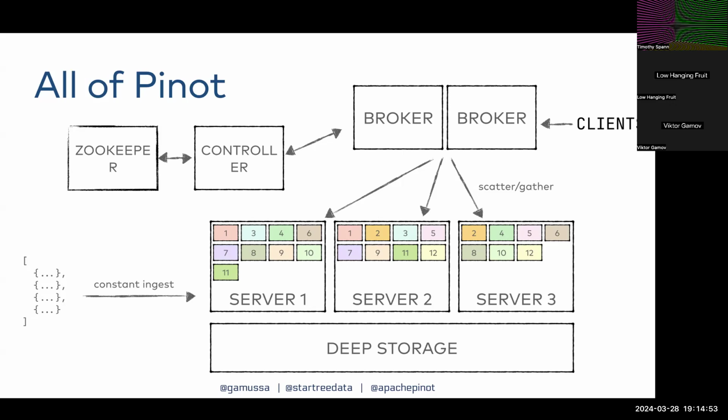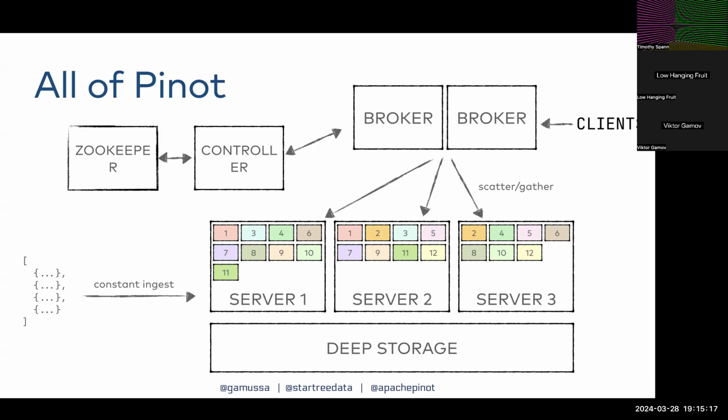Even though Pinot supports SQL, there's no insert type of query. The data is ingested through ingestion jobs. For example, if we need to do batching, there would be a job that reads your data source, and after that, the data will be available.